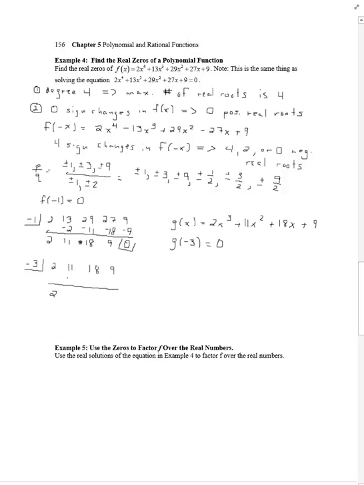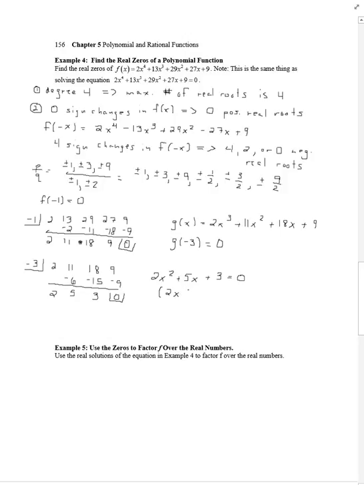So 2, -6, add is 5, multiply -15, add is 3, multiply is -9, and I get a remainder of 0. Which leaves me with a new depressed equation of 2x squared plus 5x plus 3. And we're going to set that equal to 0, and this one factors, so I'm going to factor it.